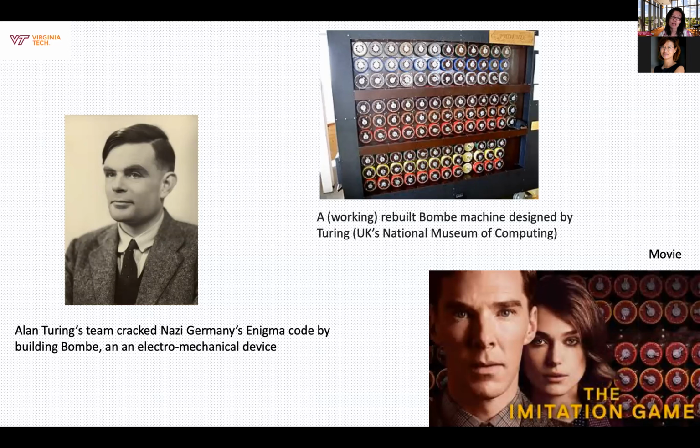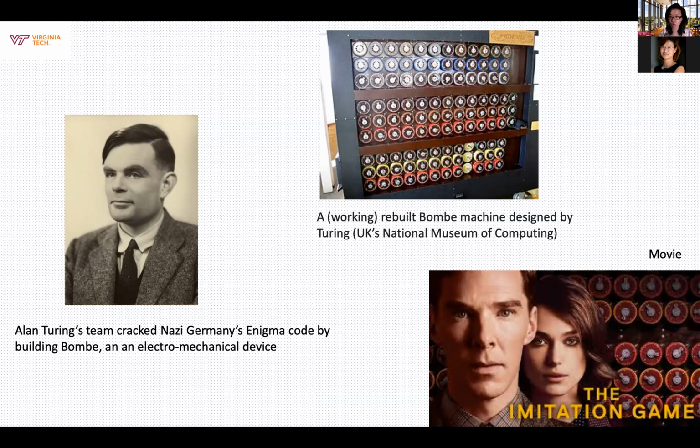Alan built a machine called the bombe, an electromechanical device, pictured here with a lot of wheels, able to guess the Enigma encoding in a very scalable fashion, where every day there's a new code. Eventually they figured out that there are some patterns in how the plain text is structured.